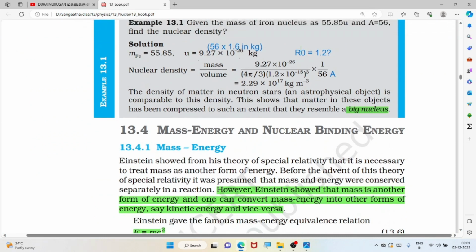The density of matter in neutron stars and astrophysical objects is comparable to this density. This shows that matter in these objects has been compressed to such an extent that they resemble one big nucleus.